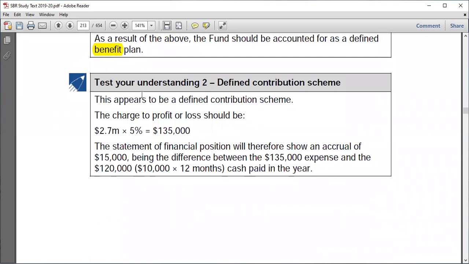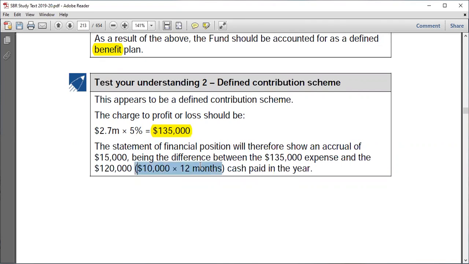So this appears to be a defined contribution scheme because, as you see, there is no further obligation, there is no risk to the entity, so it's very obvious. The entity actually has to pay 5% times 2.7 million, which gives you 135,000, right? But the question has specifically stated that the entity contributes 10,000 per month.